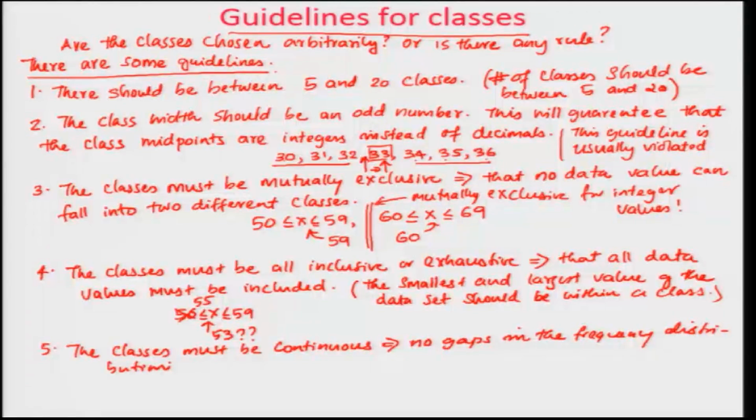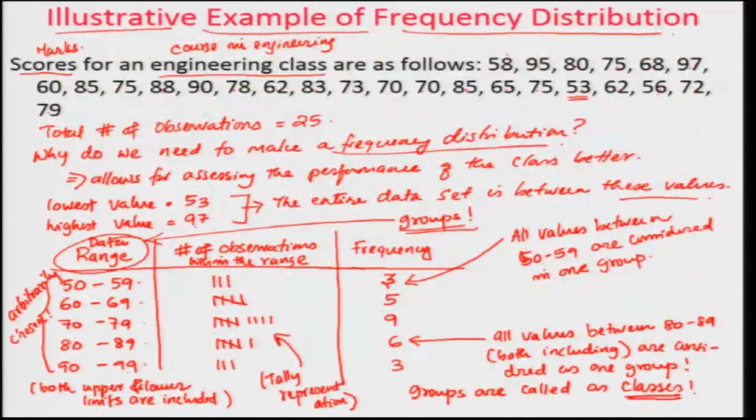Since these are all integer values, 50 to 59 is one class, both sides included. Then 60 to 69 is another class. So, it is continuous. After 59, the next value you can get is 60, but it is in a different class. So, ensure that these are exclusive, but also continuous. Since it is all integer values, this classification is fine.